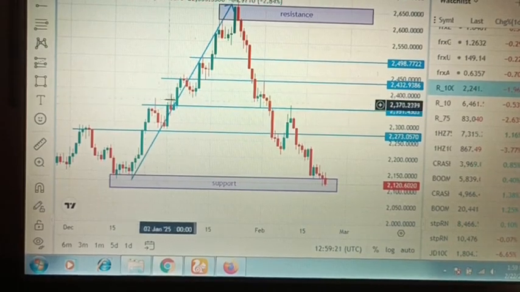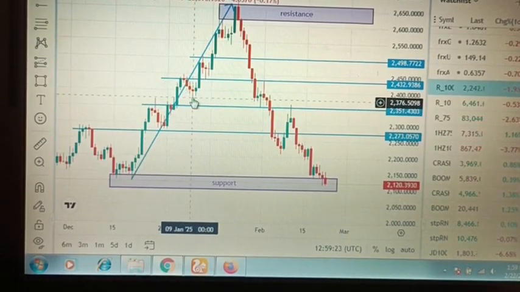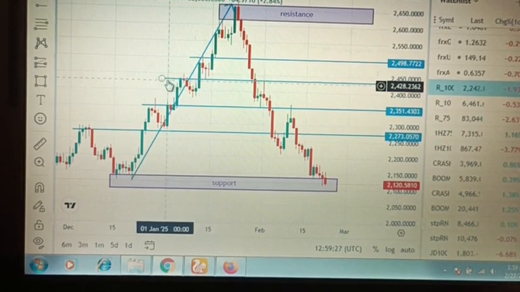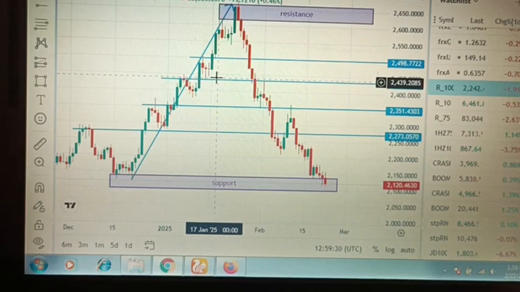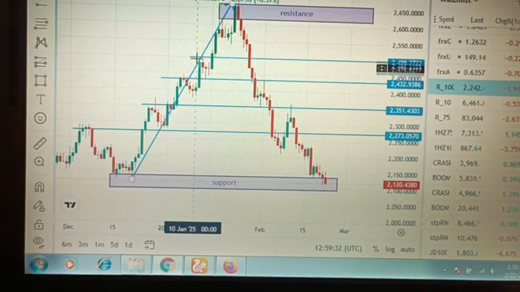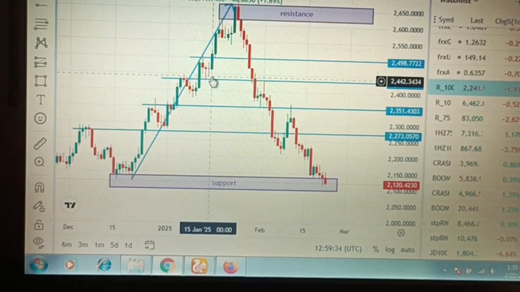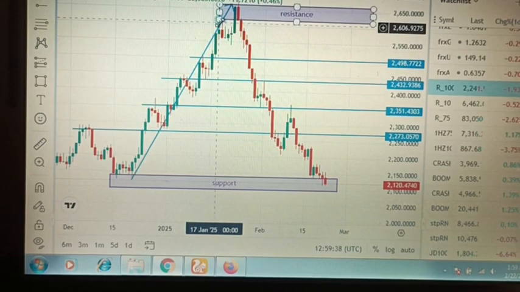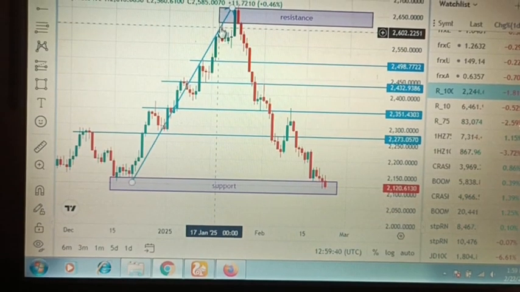It hit the support here, went up. Now here became support. It went up, hit this resistance, hit the support, broke it. You understand? So resistance can become support.